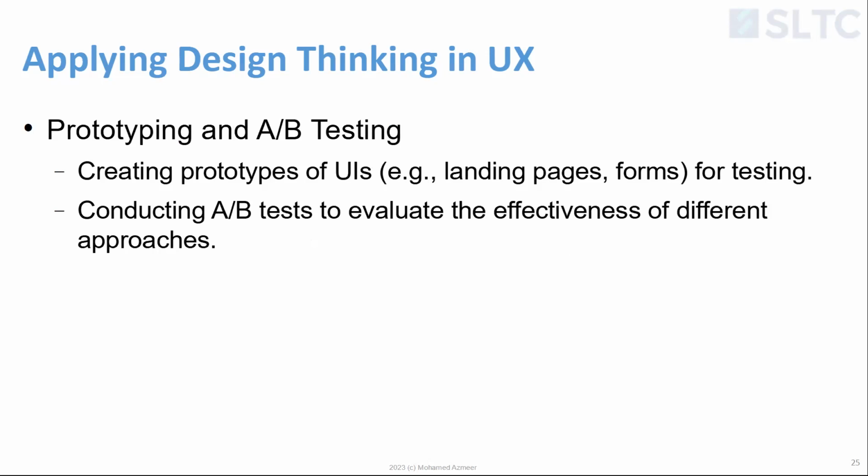Next, prototyping and A/B testing. Remember I said you can design something, give that design to one group and another design to another group. That is called A/B testing, right? A/B testing is for evaluating two versions of the same application, whether it is a software application, a hardware device, or a service. You have two versions which you give to two different sets, and after one set is done, you switch the variation and give it back to the same group.